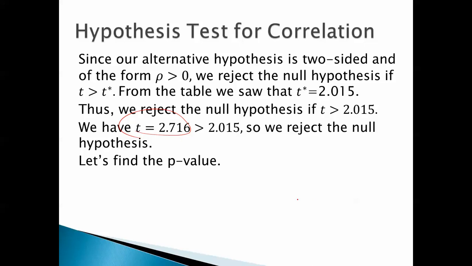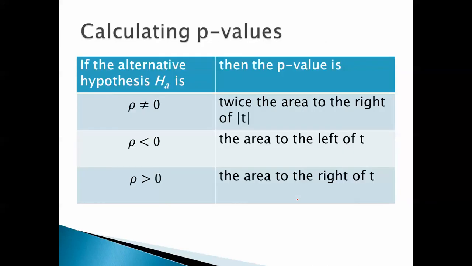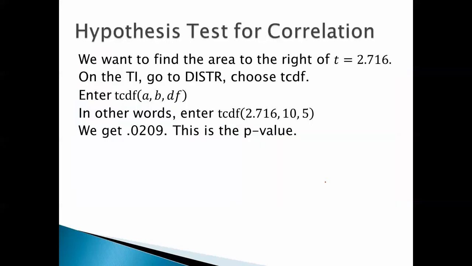Let's find the p-value. You remember how to find the p-value if you're working with t. In this case, rho is greater than 0. That means the area to the right of t is going to be the p-value. We want to find the area to the right of t equals 2.716. On the TI, go to DISTR and choose tcdf. Here's what a t distribution looks like. Looks a little like a normal distribution, a little fatter in the tails.